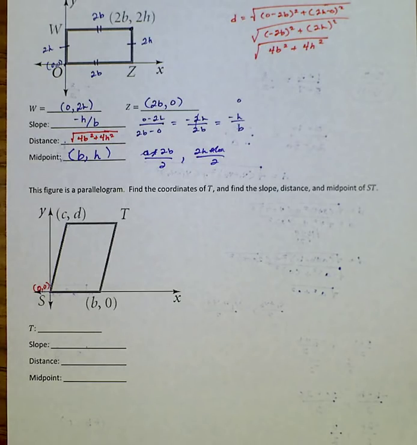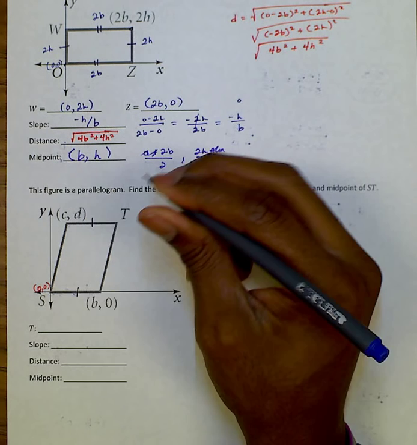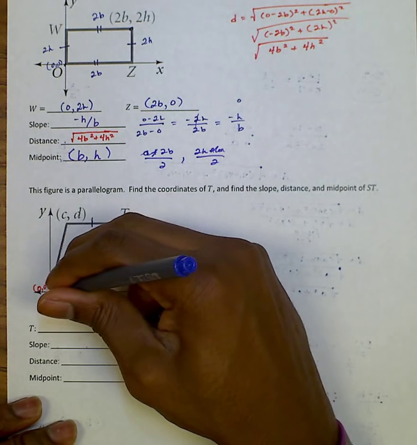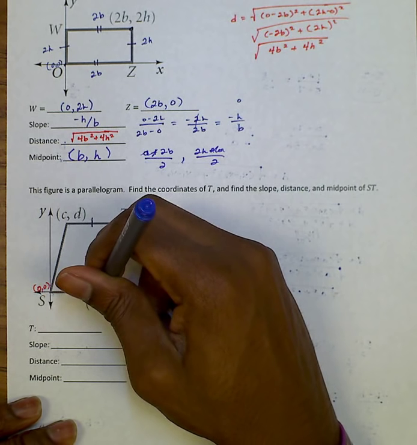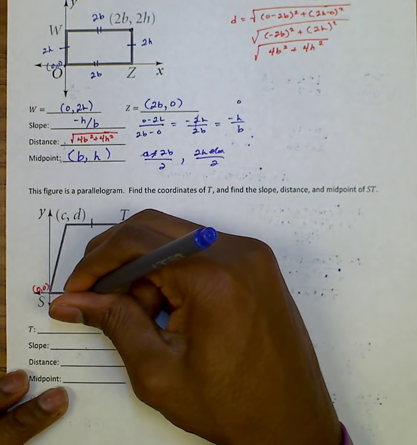And then T, they said this figure is a parallelogram, so we're going to use the information that we know about parallelograms in order to answer this. And what we know about a parallelogram is that the opposite sides are congruent. Okay, so these two should be congruent to each other. So I have to say, okay, how far over does this go from 0, 0 to b, 0? Well, it goes over b.